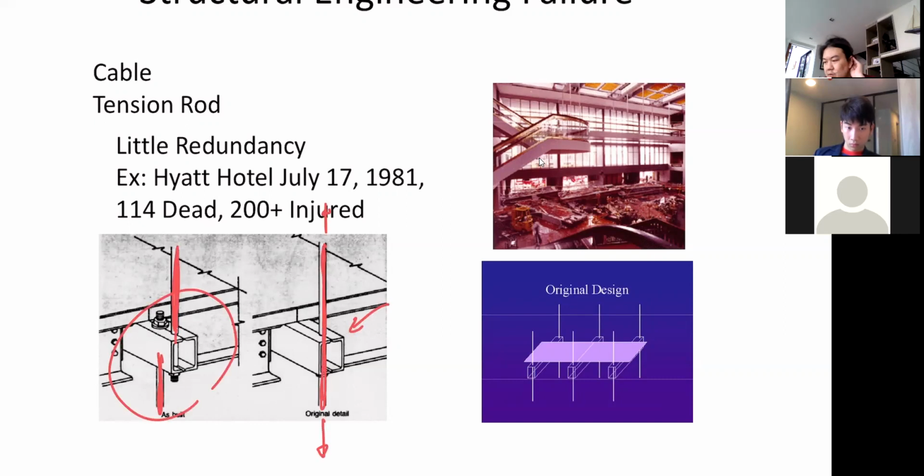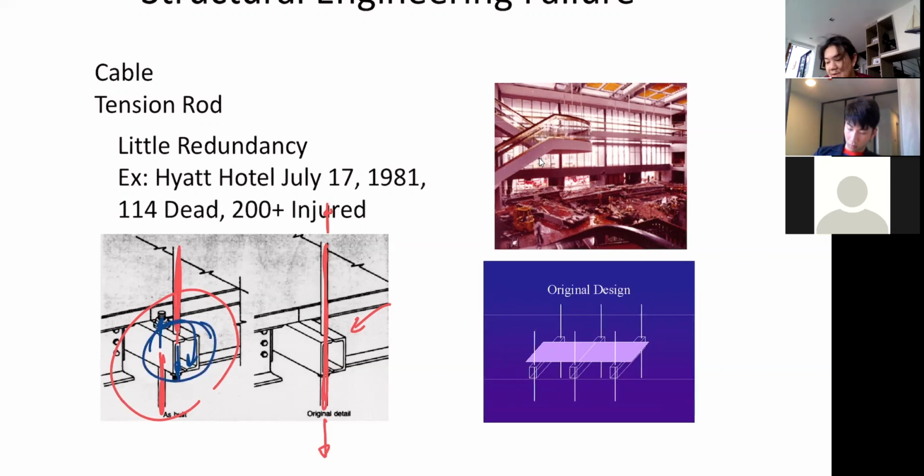So this will cause torsion, correct? Because the force is here, that will cause torsion. Basic free body diagram. And the problem is that this member was never designed to take that torsion, because the original design was this. So this small torsion that occurred because these two forces did not coincide was more than the member could take.